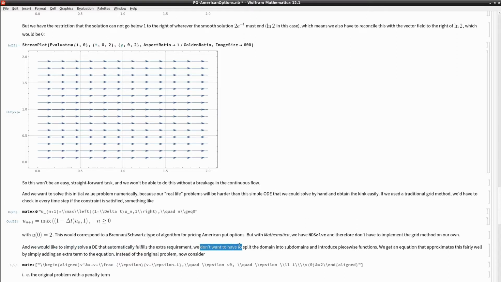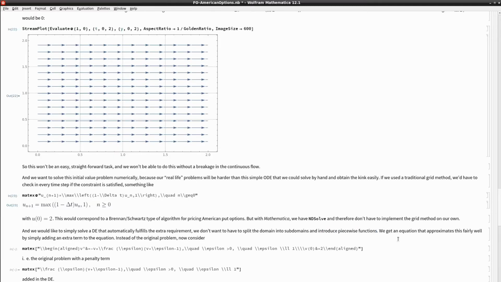We do not want to have to split the domain into subdomains and then introduce the piecewise function as we've had above. Right? So we can do this with a penalty term. We get an equation that approximates this fairly well by simply adding an extra term to the equation.